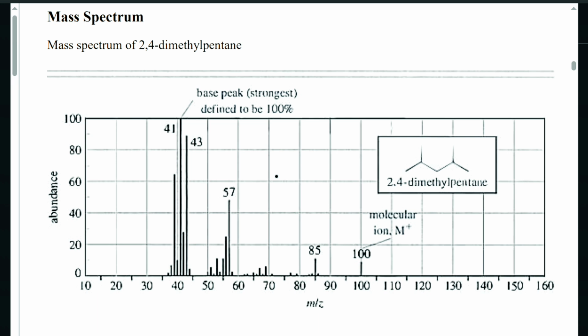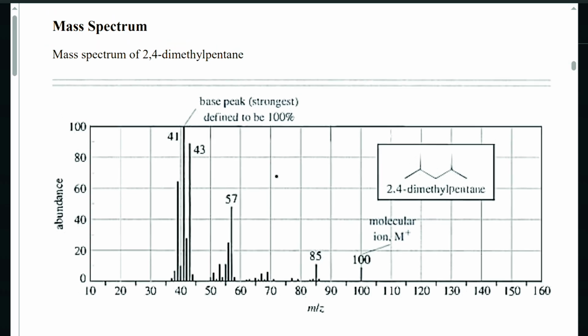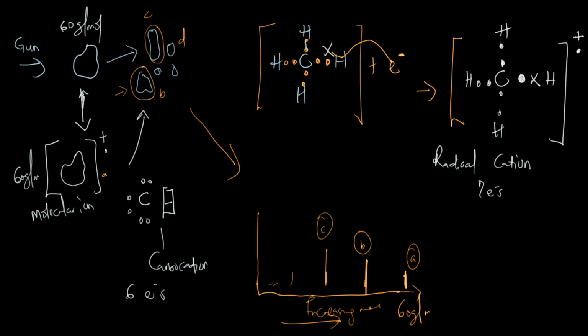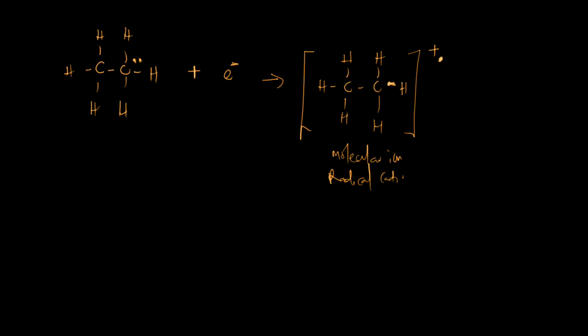So let me write it out again. So we have it to be CH3. Okay, let me write it on our board. So we have 2,4-dimethylpentane. So pentane is 5 carbons, 1, 2, 3, 4, 5.